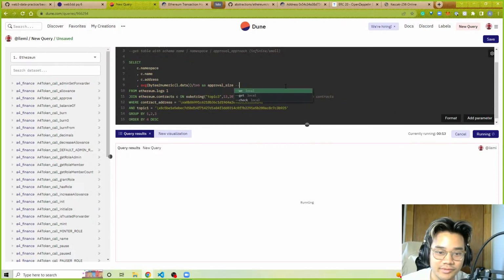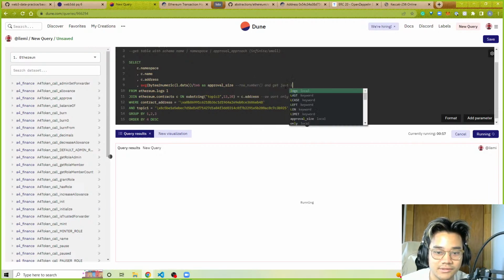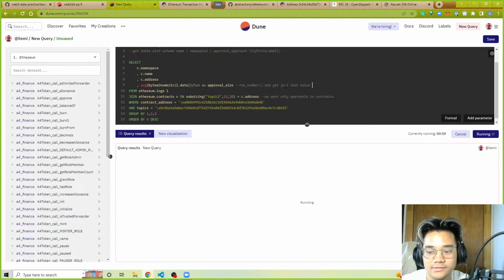Another approach here would have been row number and get just last value. That might actually be faster for us in this case.